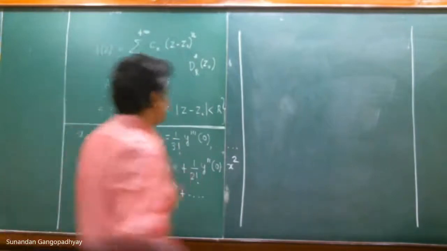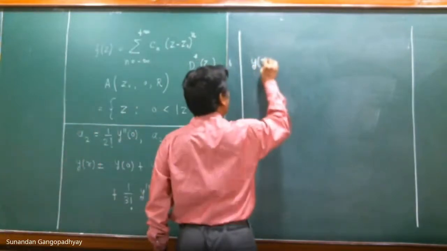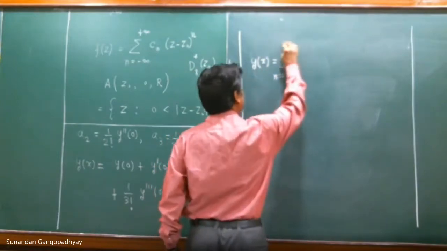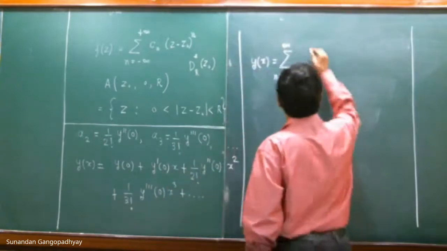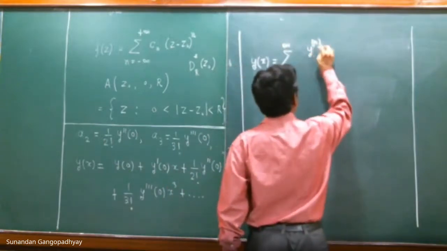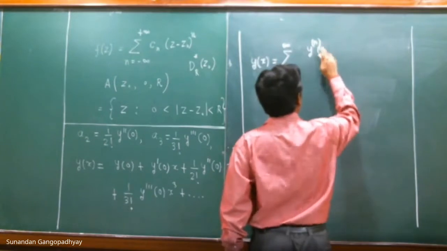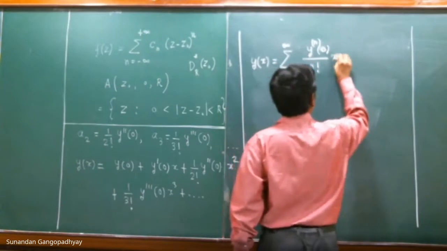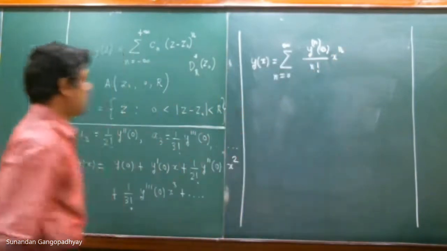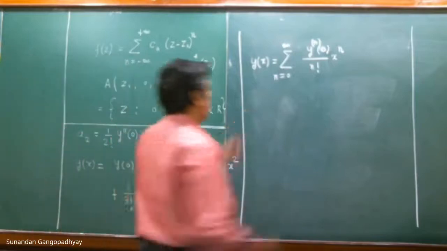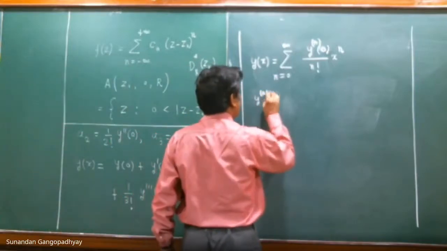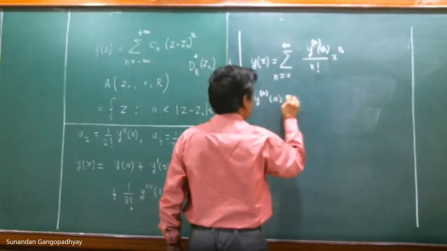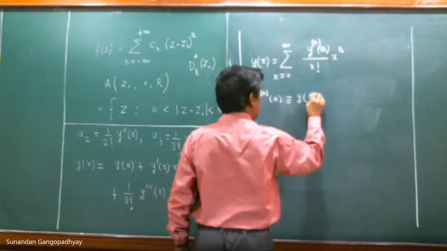And now you can write this in a compact form. Therefore, y of x can be written down as summation n is equal to 0 to infinity of y n of 0 by n factorial times x to the n. So the first term is n is equal to 0, so y0 of 0 is nothing but y at 0.